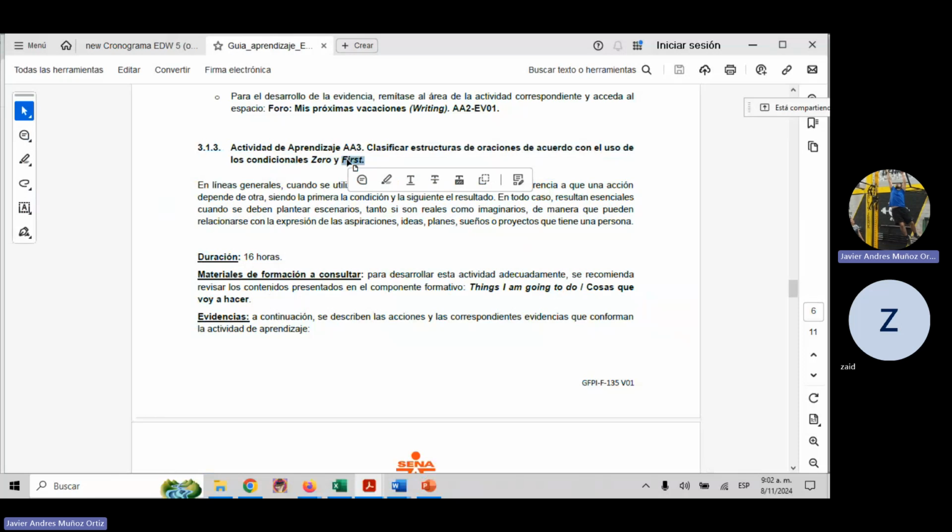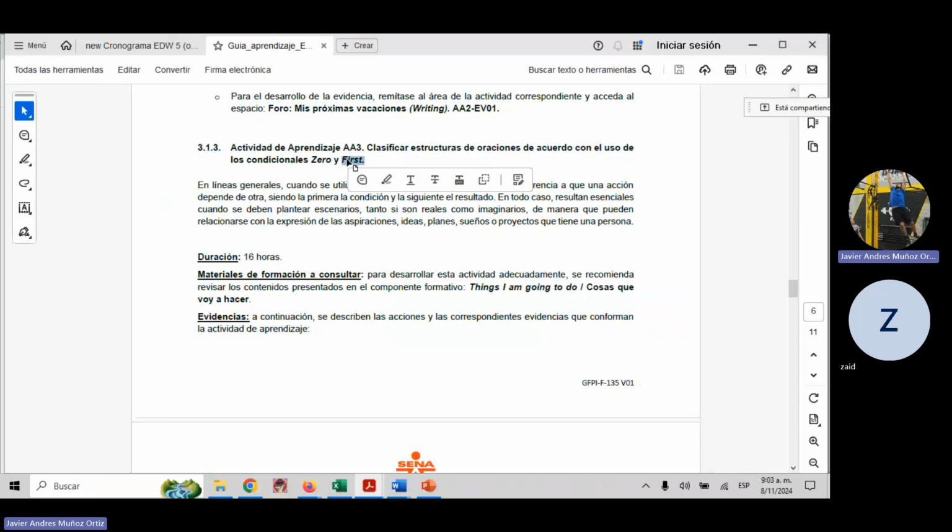So just to do a quick recap, a quick glance, zero conditional requires simple present tense and simple present tense. So if simple present tense, then simple present tense. If this happens, if we have this situation, then we have this result. These are all conditionals.